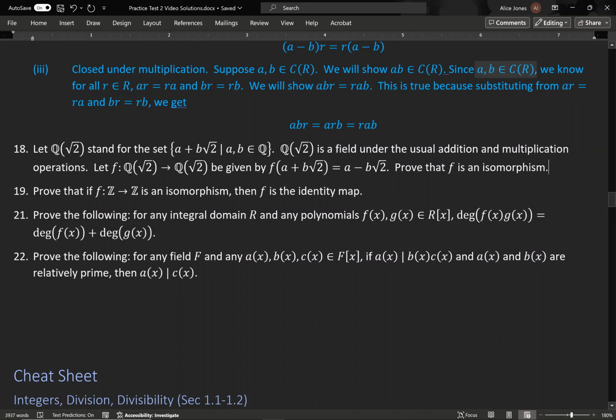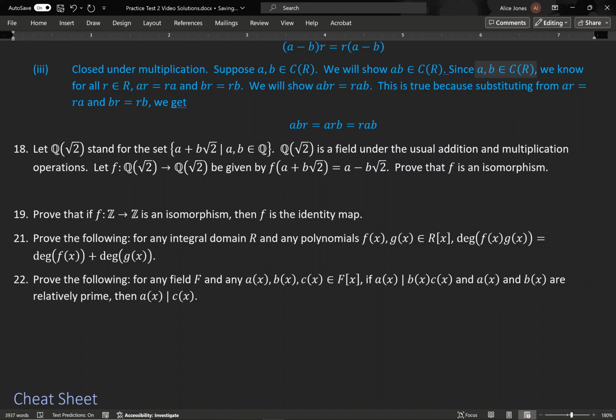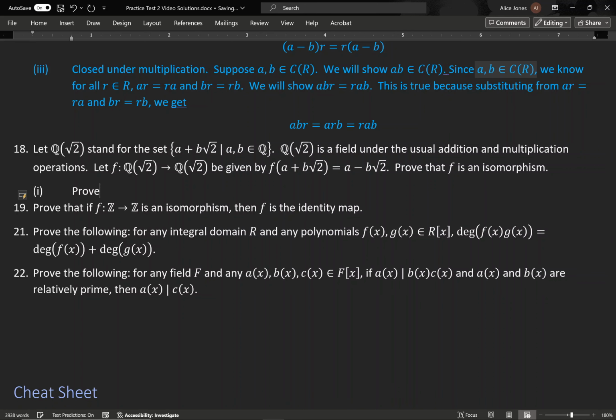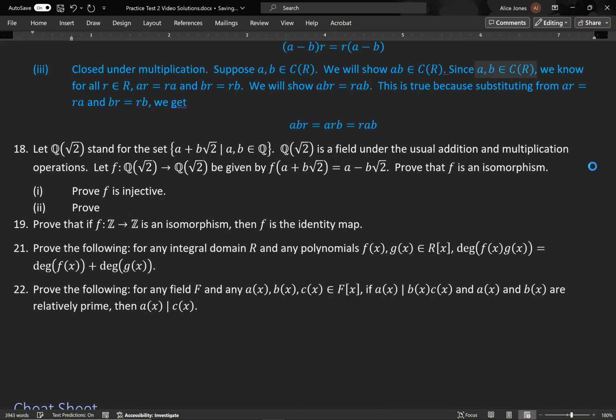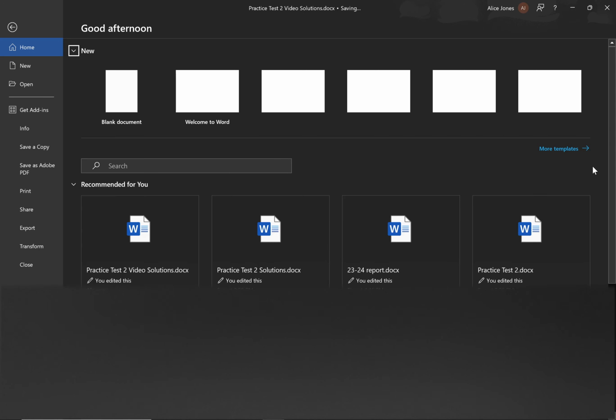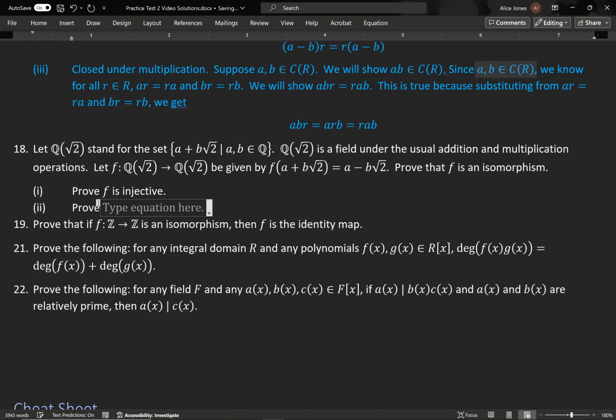To prove that something is an isomorphism, going to the definition of isomorphism, we have to do 4 things. Prove F is injective, or 1-to-1. Prove F is surjective, or onto.